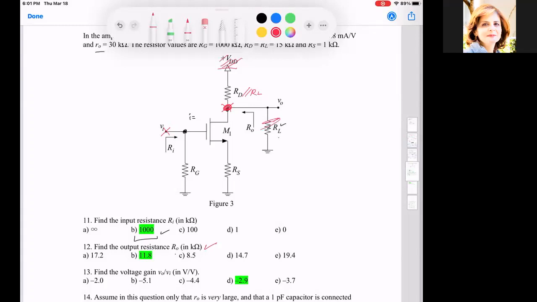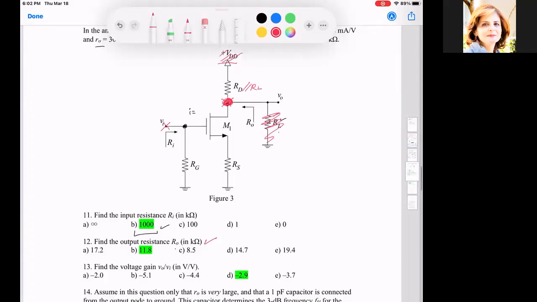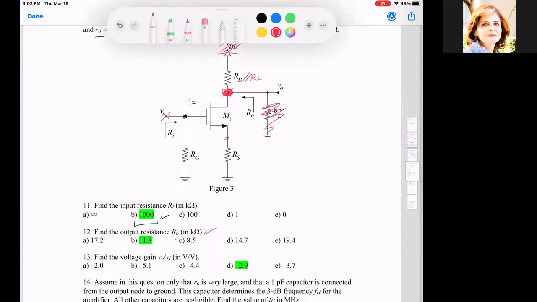I have this node with RD parallel to RL, and RS, nothing else. So I will plug into the equation: minus GM RD parallel to RL over the rest of the equation, 1 plus GM RS, plus an expression which is RS plus RD parallel to RL over RO. That's the only difference between this and the sheet. Are you all comfortable with having RD parallel to RL, right?